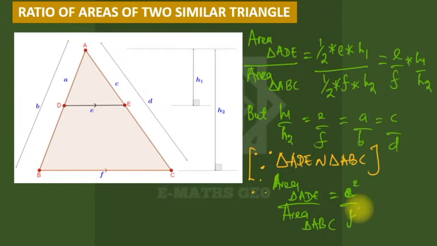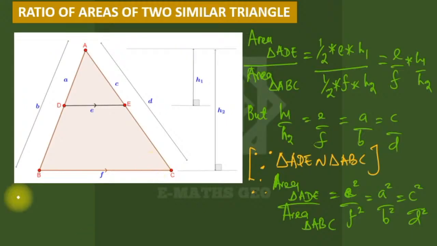Or I can replace with A squared over B squared or C squared over D squared. So we've gotten a general formula that the ratio of areas of two similar triangles will be the same as the ratio of the squares of the corresponding sides.